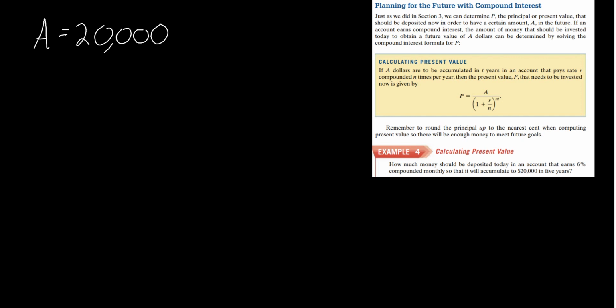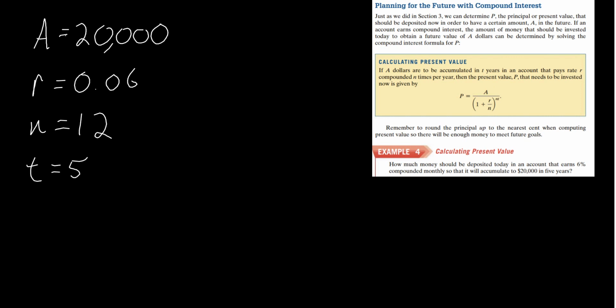We have an interest rate of 6%, so my rate is 0.06. We are compounding monthly, so how many months are there in a year? Well, there are 12. And my time frame here was 5 years, so t is equal to 5.